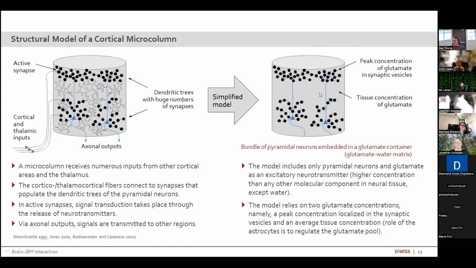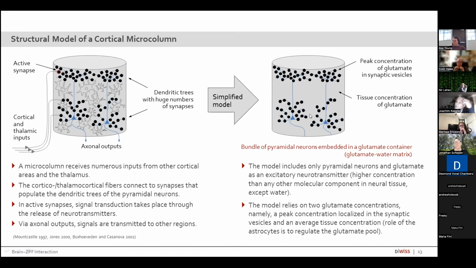So looking now at this microcolumn, it's a bundle of pyramidal neurons which are embedded in a glutamate container, or more precisely in a glutamate water matrix. And there is a difference between the tissue concentration and the peak concentration, which we have to take into consideration.